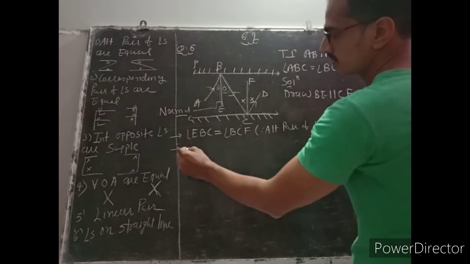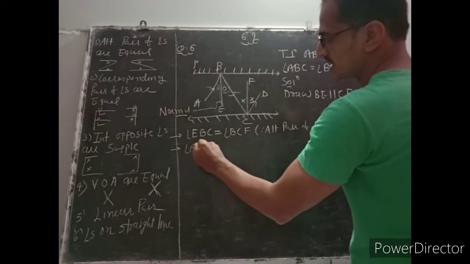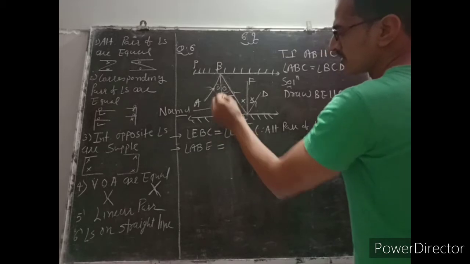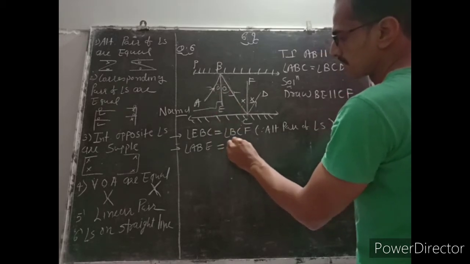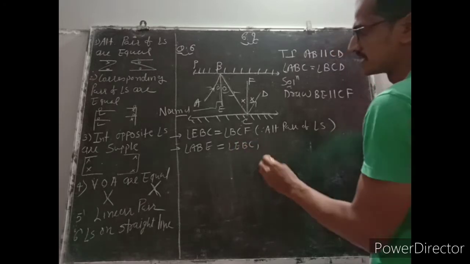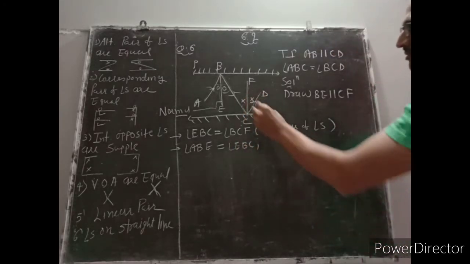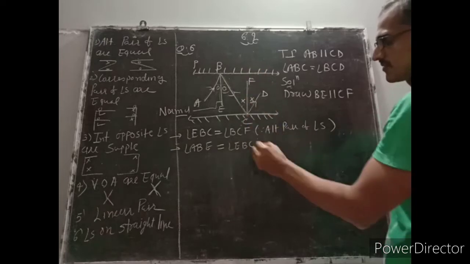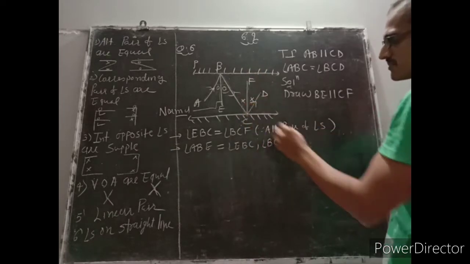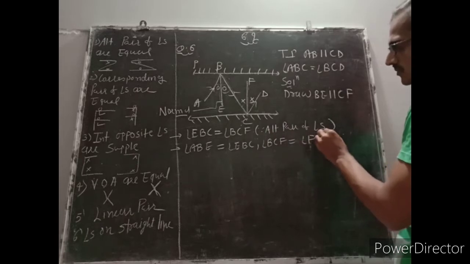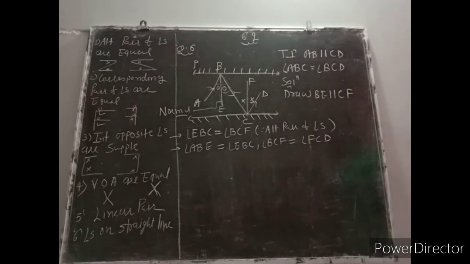Name of this angle: ABE, equal to the name of this angle: EBC. These two angles are also equal. Name of this angle: BCF. Name of this angle: FCD.